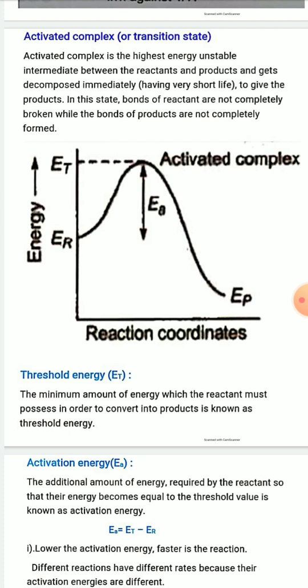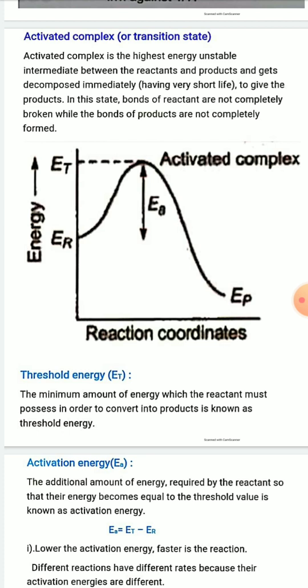So reactants convert into products through an activated complex. The activated complex is an unstable complex. The existence of the activated complex, also called the transition state, is very short. That's why, after forming the activated complex from reactant, within a very small time the transition state decomposes to give the product.